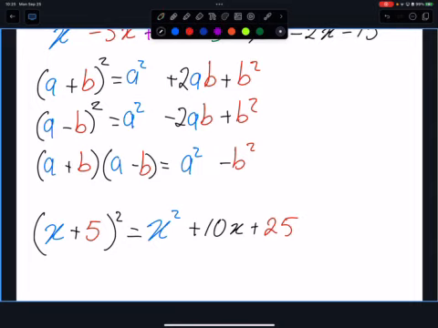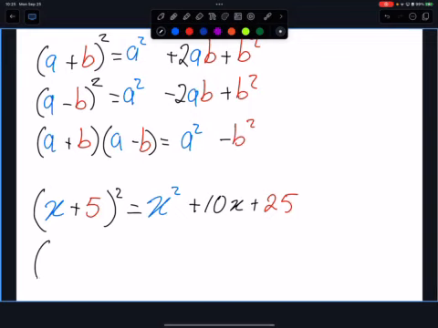A minus b squared. Same thing, the exact same thing. I'll add a number. A squared, what is a squared? 3x squared is a.